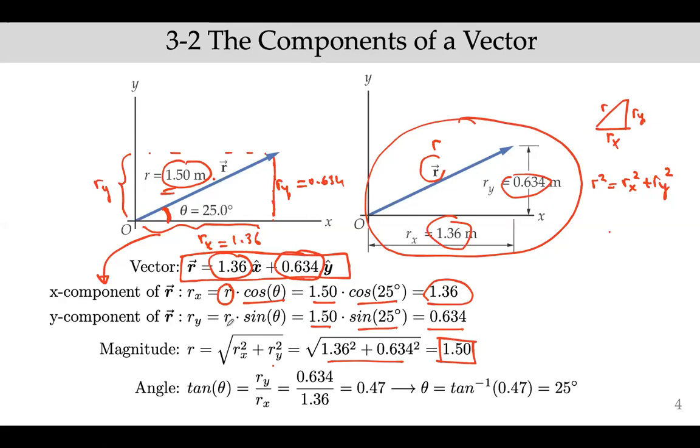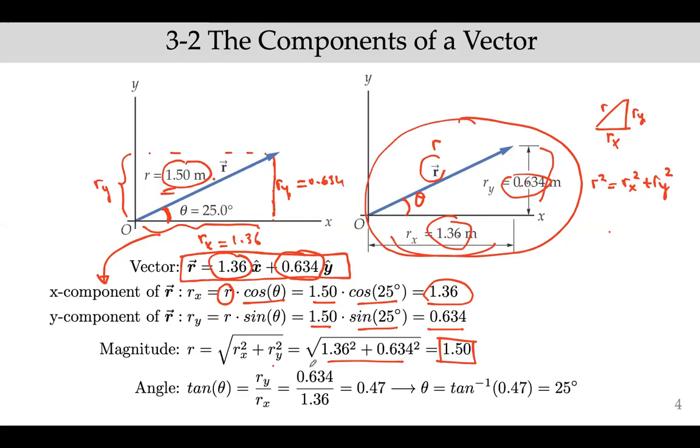Now finally, you may want to find this angle. Again, imagine this angle is not given, only these two components are given. How do you find it? Well, you could use sine or cosine, but in this example, because I know these two components, I can use tangent. So tangent theta would be opposite divided by adjacent. So it's going to be r y divided by r x.